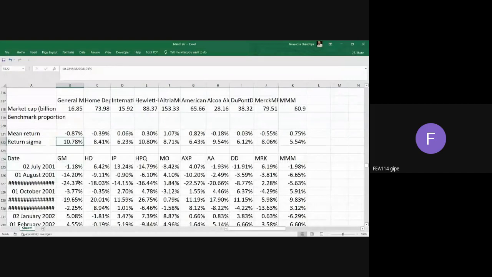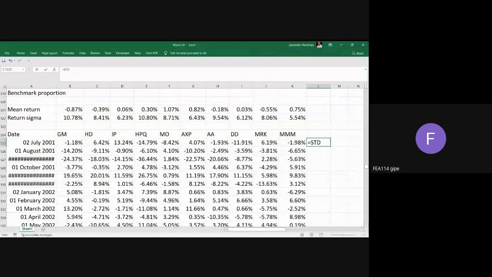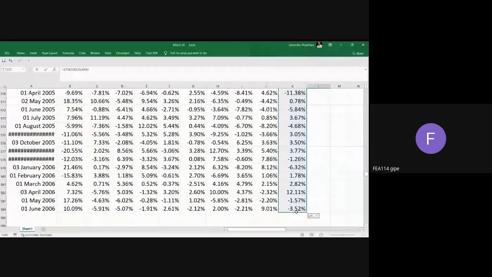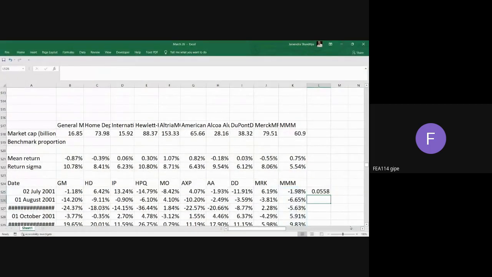As regards the return sigma, it is also very easy to calculate. If I want to calculate this number, I just take the standard deviation of this figure. So return sigma is the standard deviation, right? I take this entire figure, and I will get that. This is in fractions.